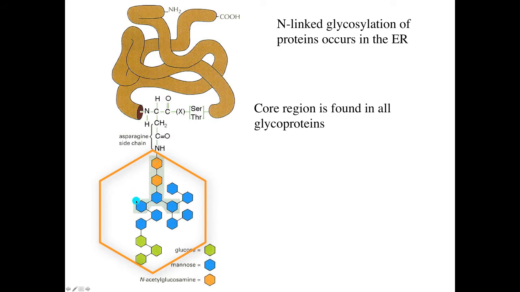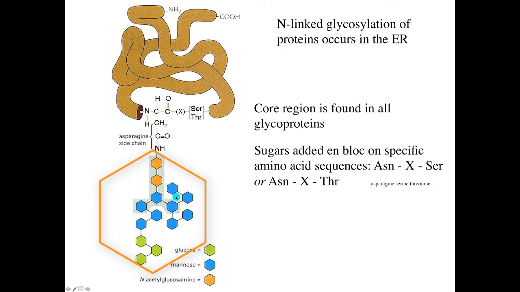This core region is found in every protein that's glycosylated in an N-linked manner. And sugars are added en bloc, all at one time. As I said, anytime you see the amino acid sequence asparagine X serine or asparagine X threonine, anytime you see a sequence like that, these sugars are added.